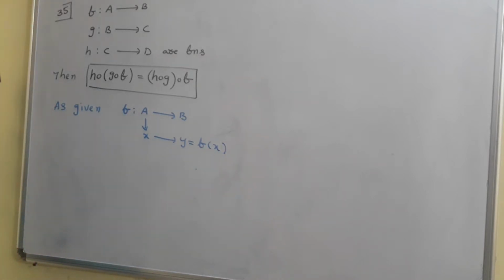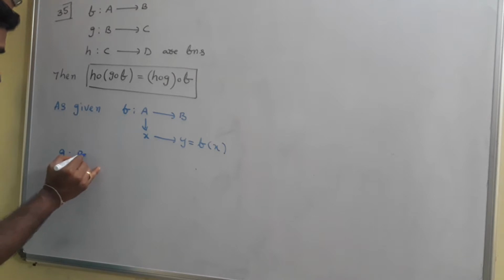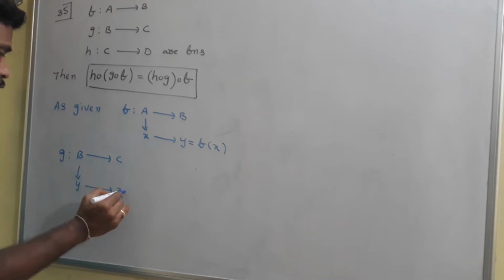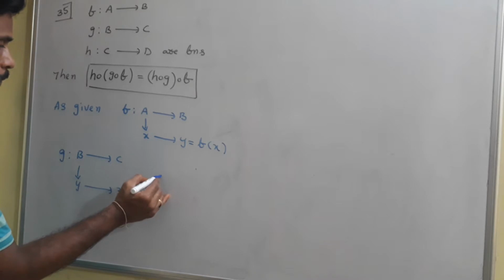Okay, this is f. And then you need to think about g. Now, g is a function from B to C, and it connects an element y of B to an element z of C such that z is equal to g of y.